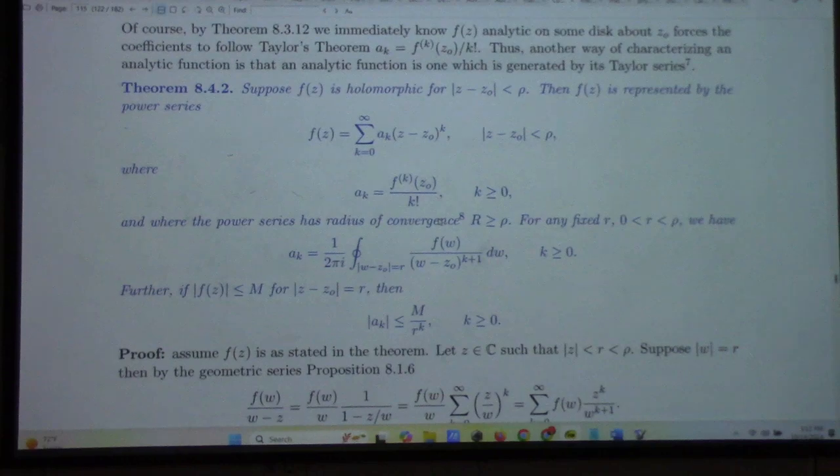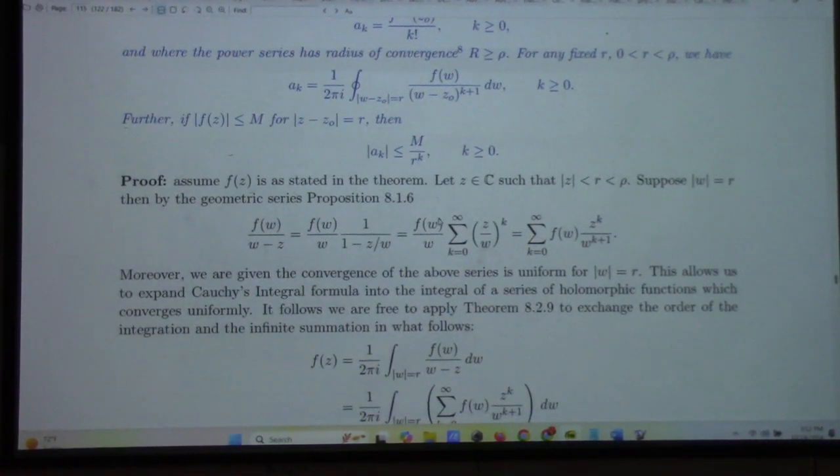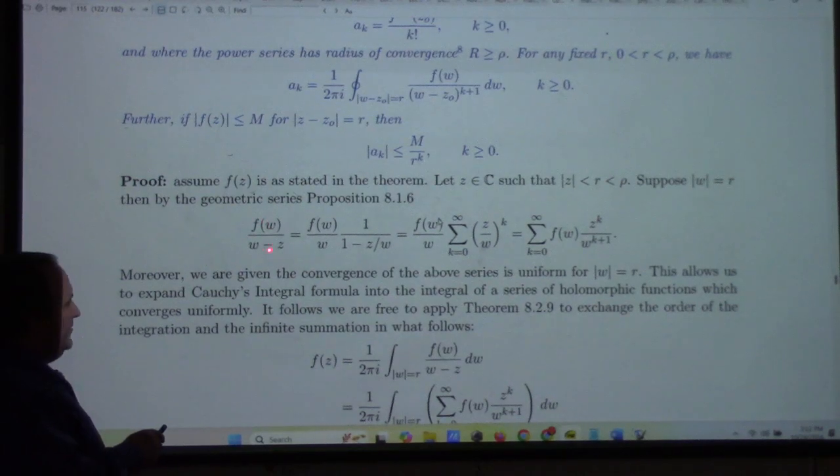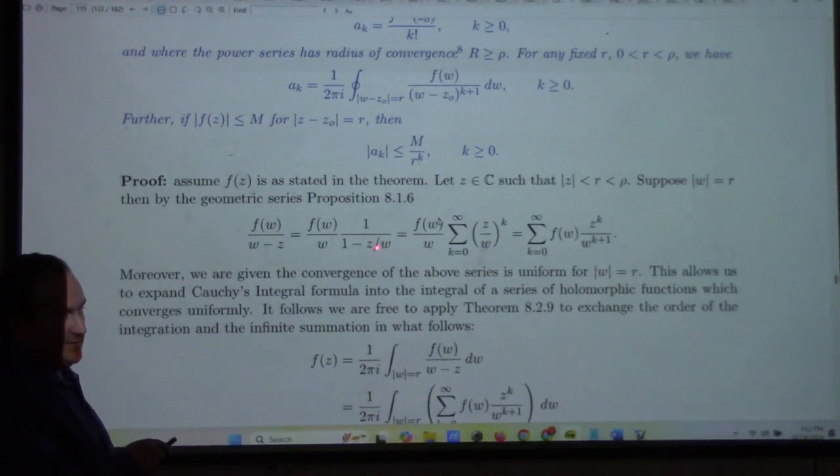How do you get from an algebra expression to a series? Well, you use the geometric series. This proof is very indirect, so just hang with me here. f of w over w minus z is equal to f of w over w divided by 1 minus z over w. But this is the sum of a geometric series with ratio z over w.